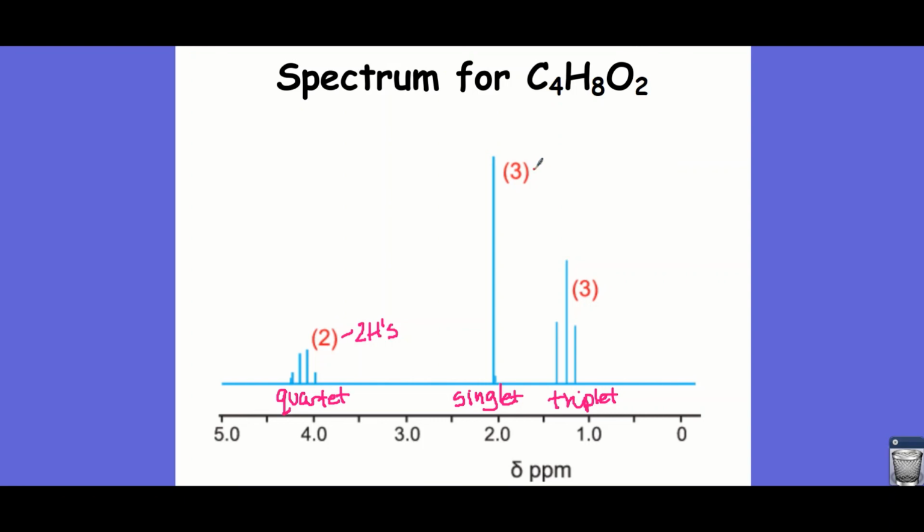This 3 tells me that there's 3 hydrogen atoms there, probably a CH3. And this also tells me that there's 3 hydrogens, probably another CH3, but just in a different environment to the one shown here.